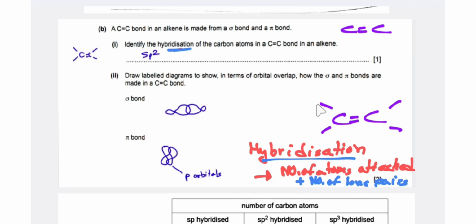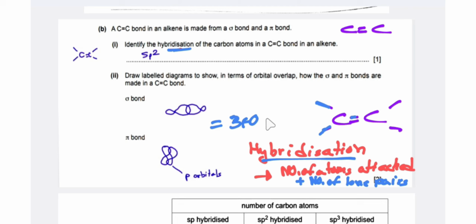So this carbon is attached to 1, 2 and 3 atoms. The bond is double, but it is attached to 3 atoms. Now how many lone pairs does carbon have? Carbon has 0 lone pairs because it uses all its electrons to form bonds.